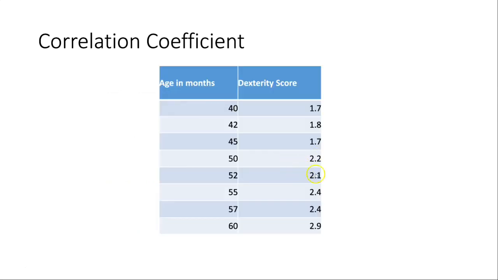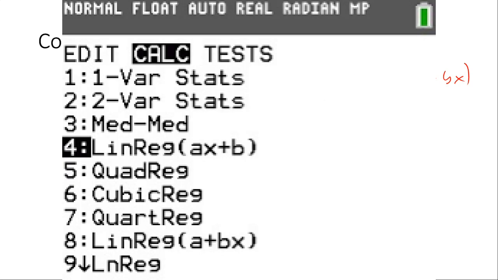So what you need to do is clear out your list 1 and your list 2 in your calculator. You're going to put these in list 1. You're going to put these in list 2. And then you're going to do LinReg(a+bx). Now we're going to talk about this in our entire next lecture, but it is under CALC, I believe.